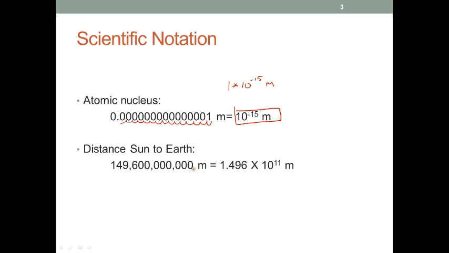On the distance from the Sun to the Earth, I have to move the other direction. 1, 2, 3, 4, 5, 6, 7, 8, 9, 10, 11 spots. So now my decimal place is after the 1, so I have 1.496 times 10 to the 11th meters, because I moved 11 spots.